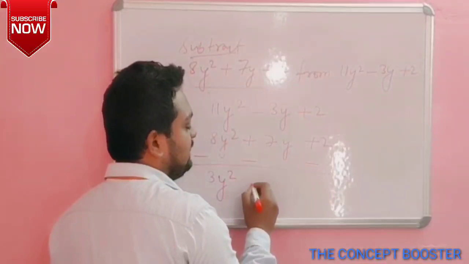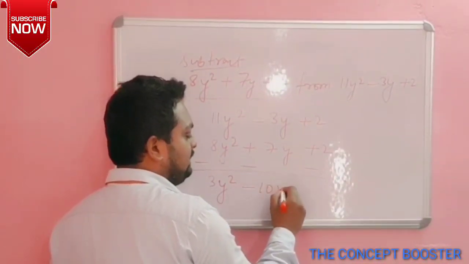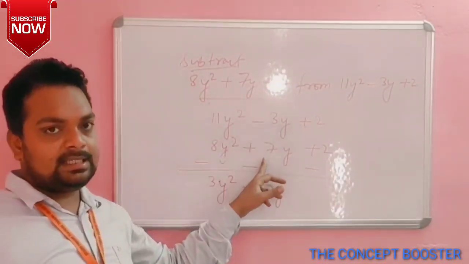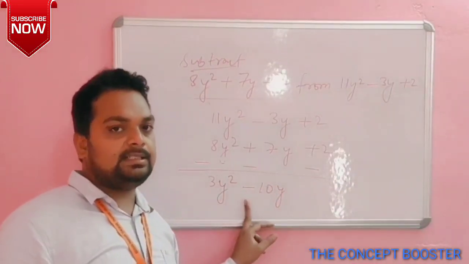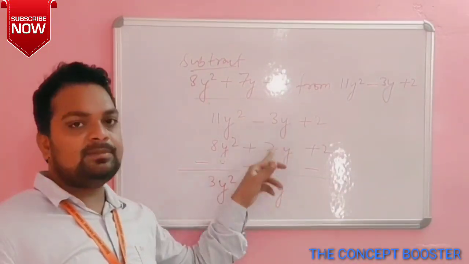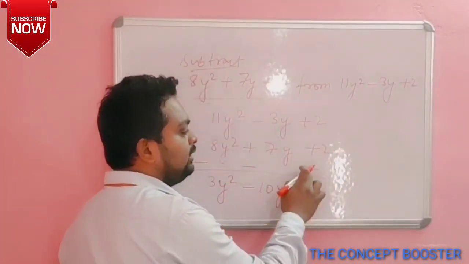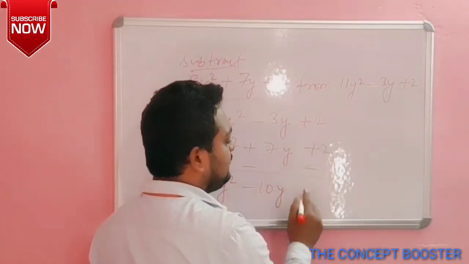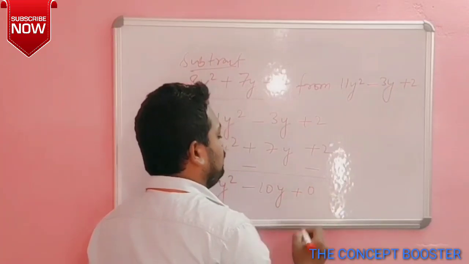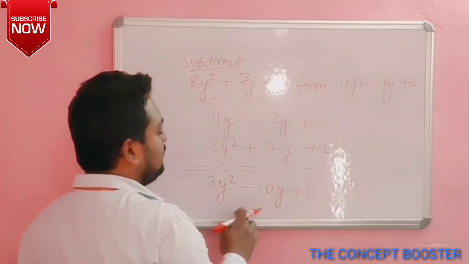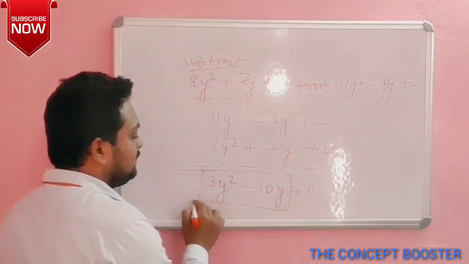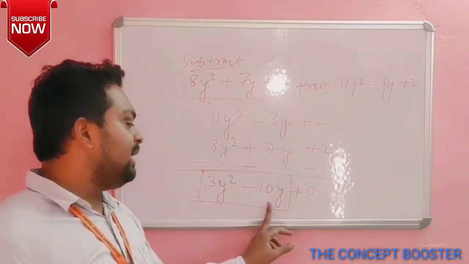So 3 plus 7 is 10, and it is minus 10 because both the signs are the same. So we will put the same sign, that is minus. And similarly for 2, here we have 2 minus 2, so it will be 0. Okay, so we can simply write the answer as 3y square minus 10y.